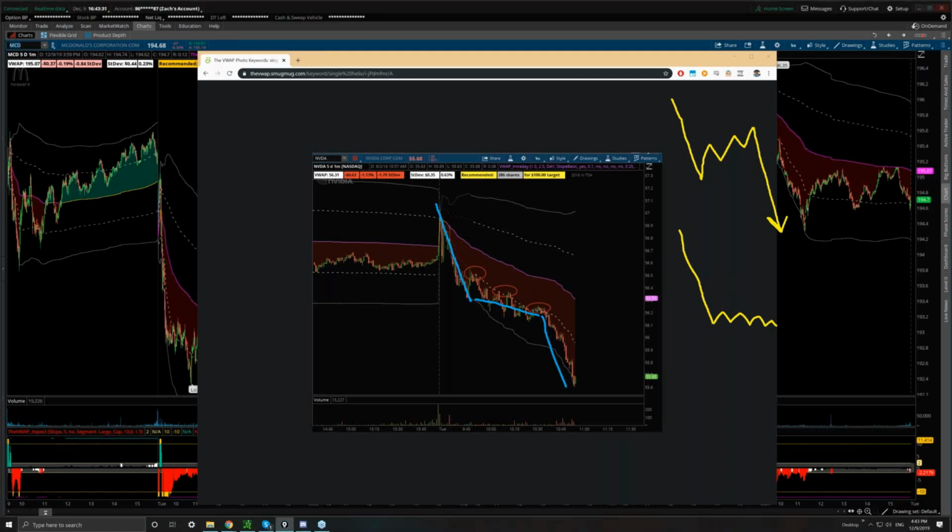And that brings us to the single helix pattern, which is what I'm referring to here using this example from NVIDIA a couple years ago. We get the move down, and then there's downward consolidation before another significant move breaks in that direction. Notice that all 3 of these could be construed as flags that have some consolidation after a significant move in a direction.